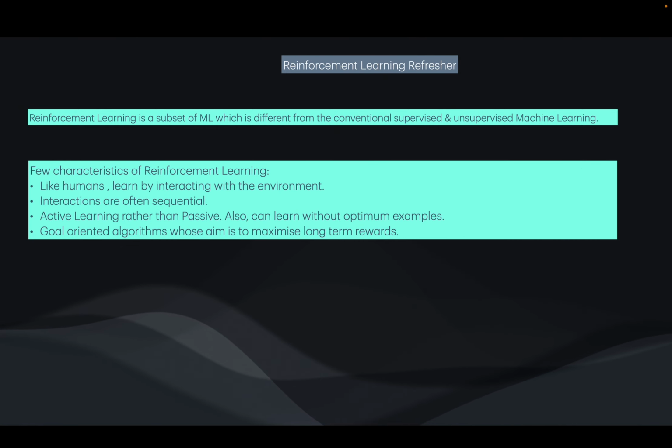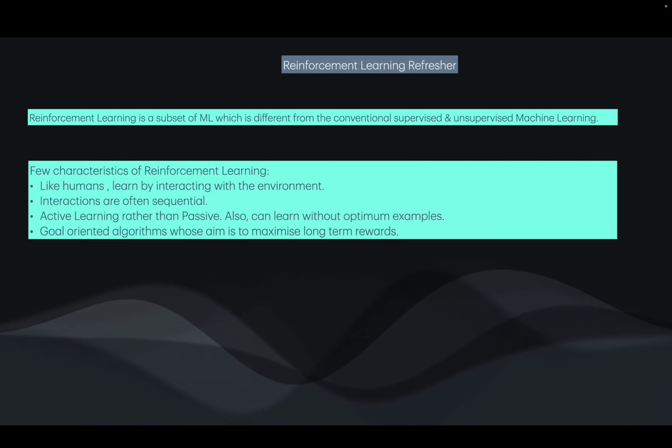A few characteristics: like humans, the reinforcement learning algorithm also learns by interacting with the environment, right? These interactions are often sequential in nature, and the learning that happens is active learning rather than passive learning.